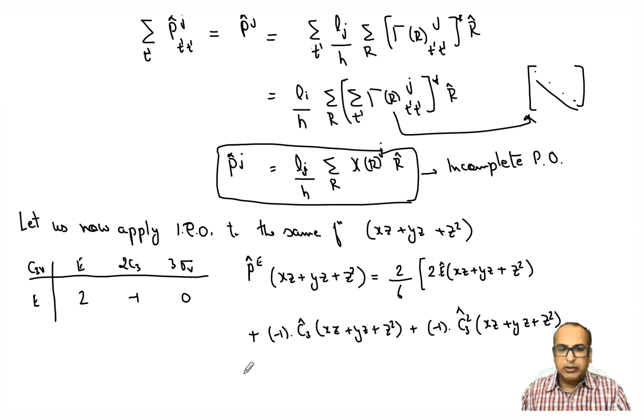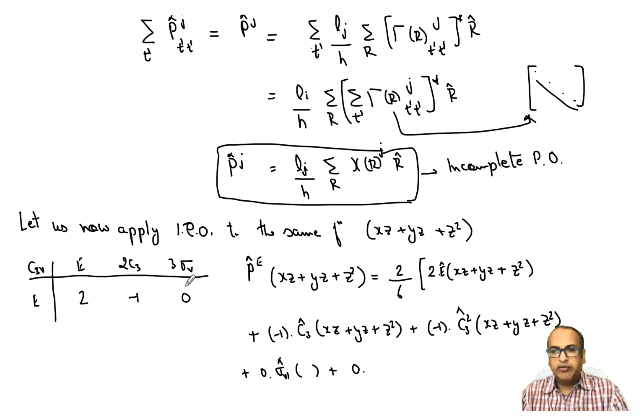Okay. Similarly, we have sigma v1. The character under sigma v1 is 0, right? So 0 into the sigma v1 operator onto the function. Now look at the advantage here, because when we were dealing with matrix elements, we had to deal with all 4 matrix elements of this.